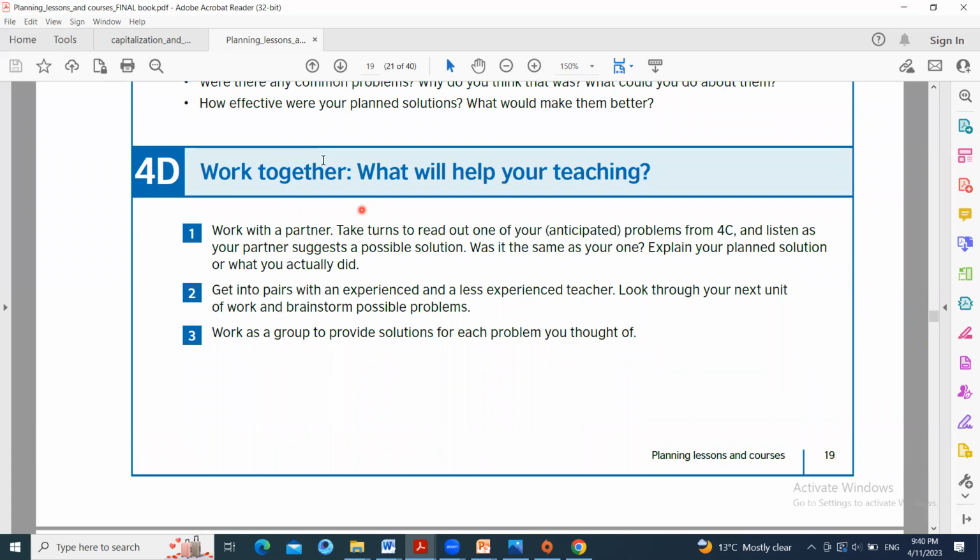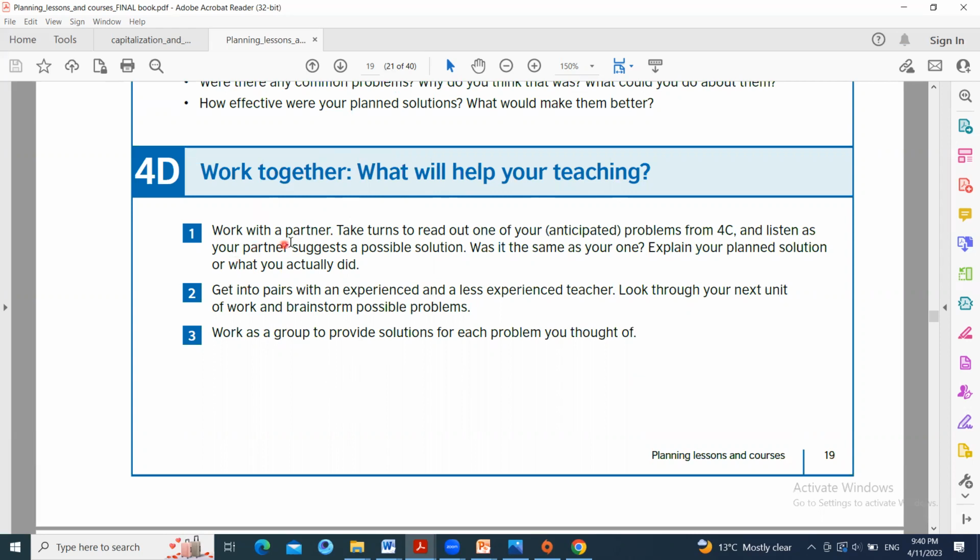This activity is for working together. What will help your teaching? Here we have a problem in covering this part, but let's just know the content.